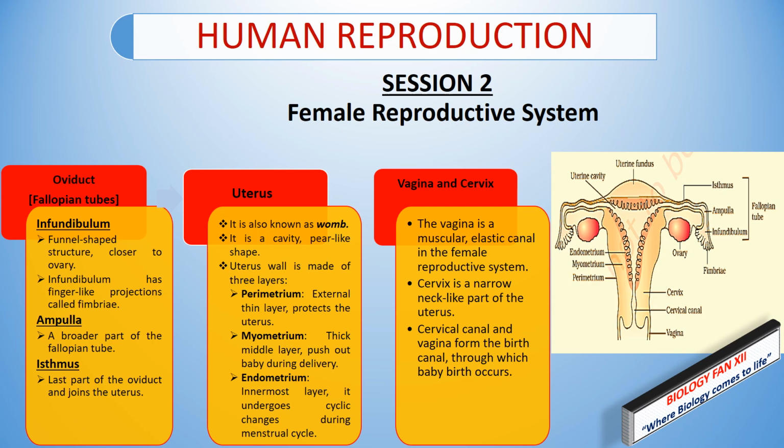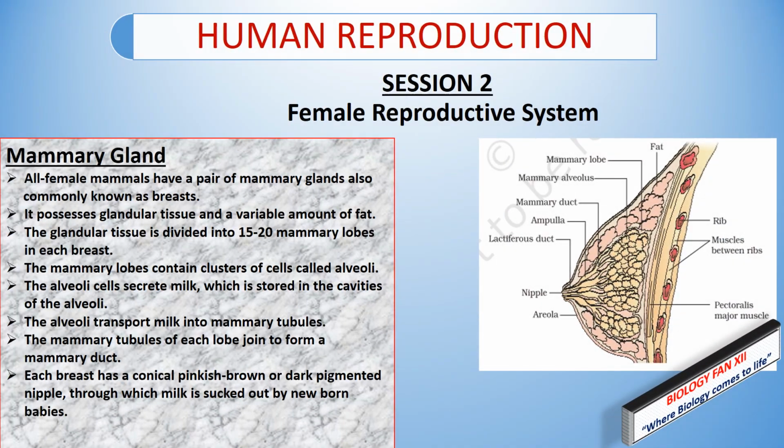And now we'll discuss mammary glands. All female mammals have a pair of functional mammary glands. Mammary glands are also known as breasts. They possess glandular tissue and a variable amount of fat.